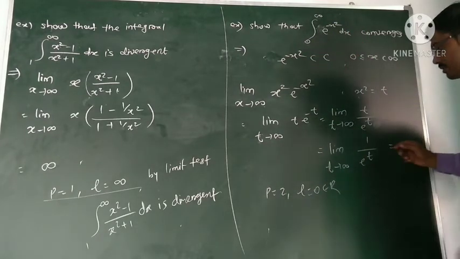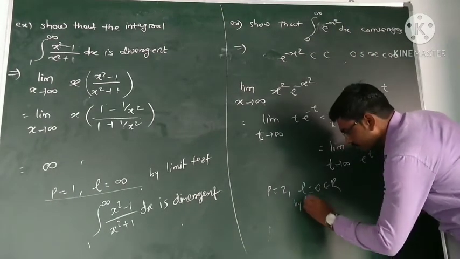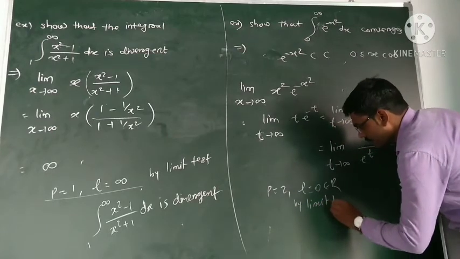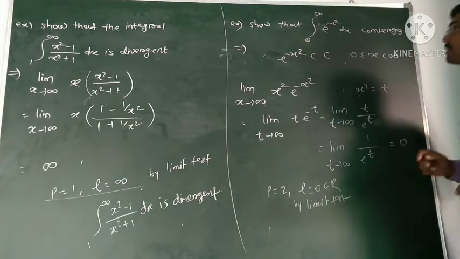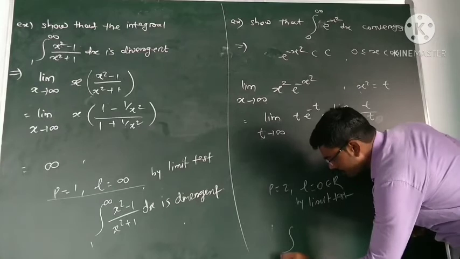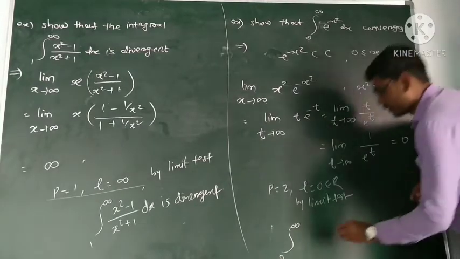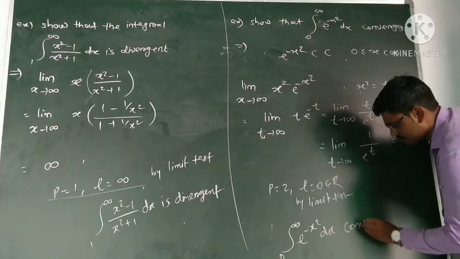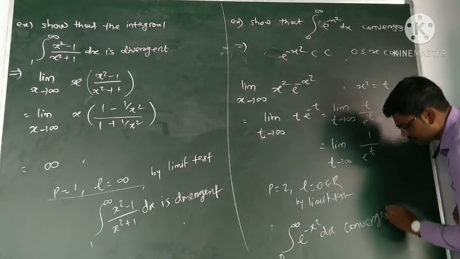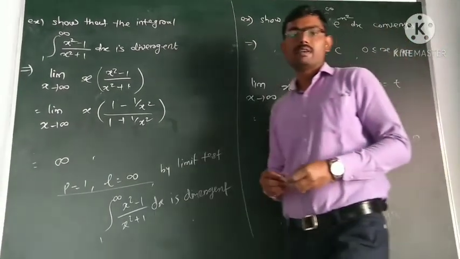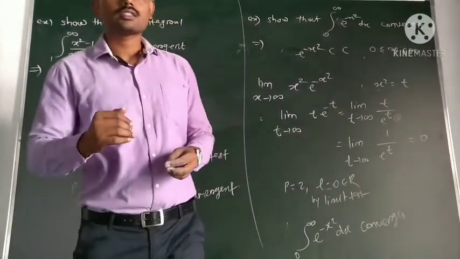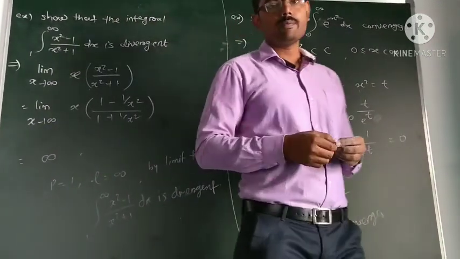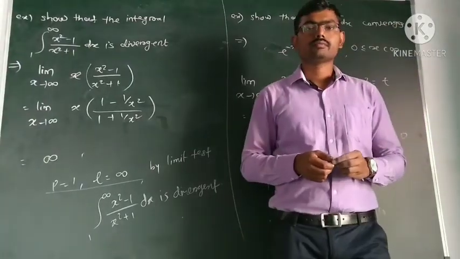So by the limit test, the integral from 0 to infinity of e raised to power minus x square dx converges. Okay. This is the application of the limit test for convergence of an improper integral of type a. Thank you.